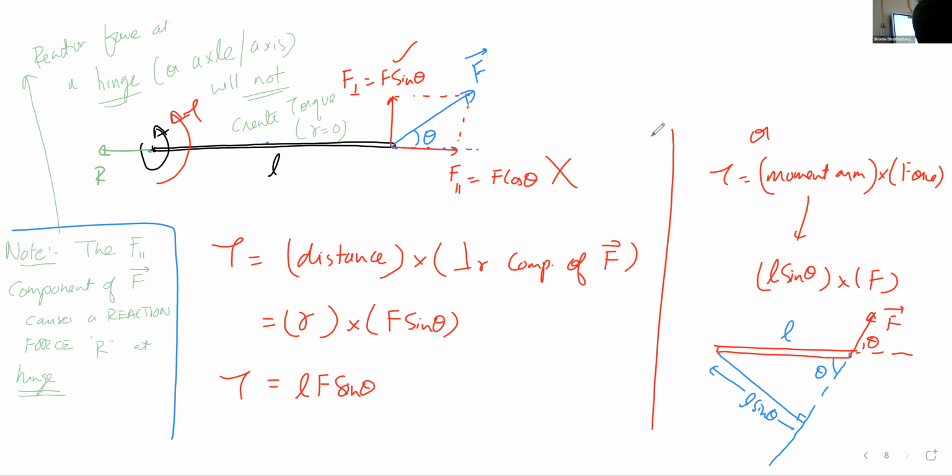So this will create a tension in the rod. The tension at this end will be that much, and the tension at this end will also be that much. It doesn't matter whether it's having mass or massless. Along the radial direction, there's no acceleration of the particles, so there'll be uniform tension.